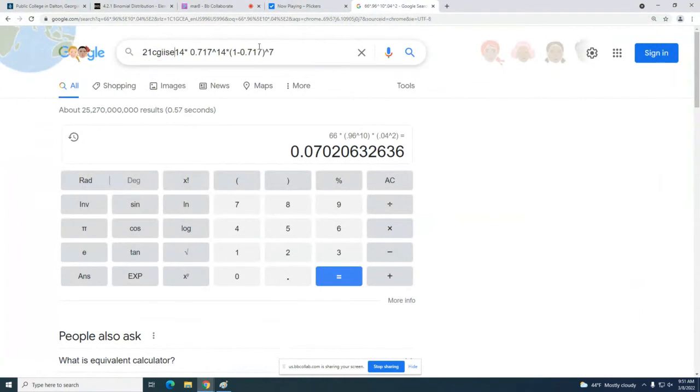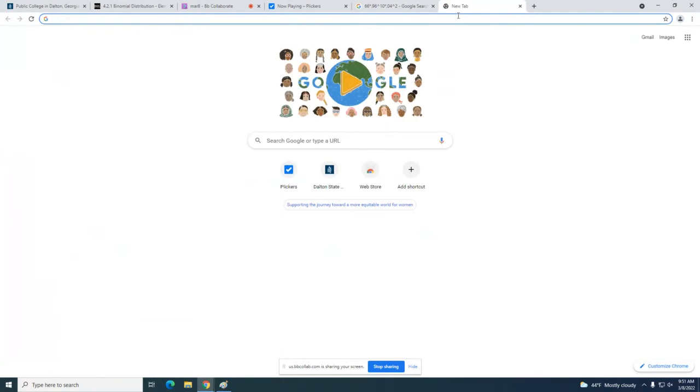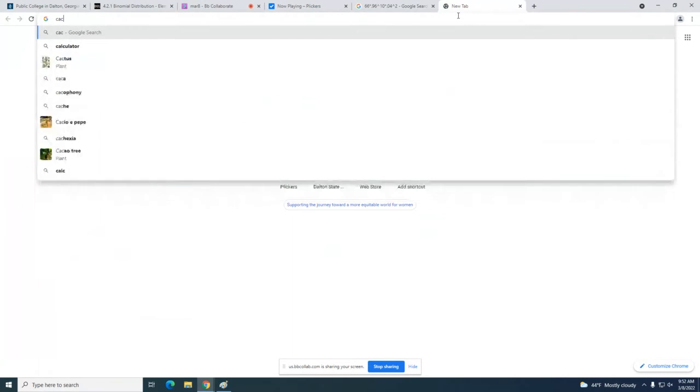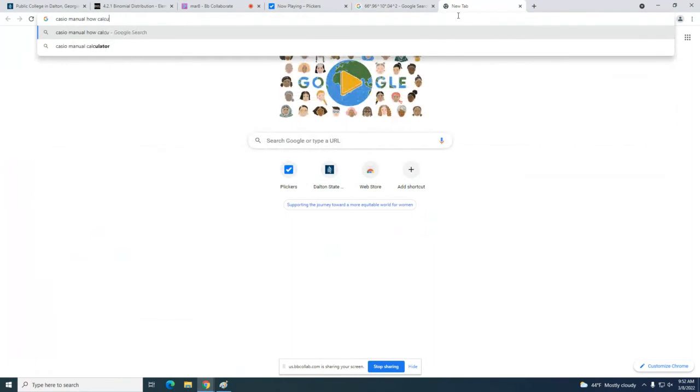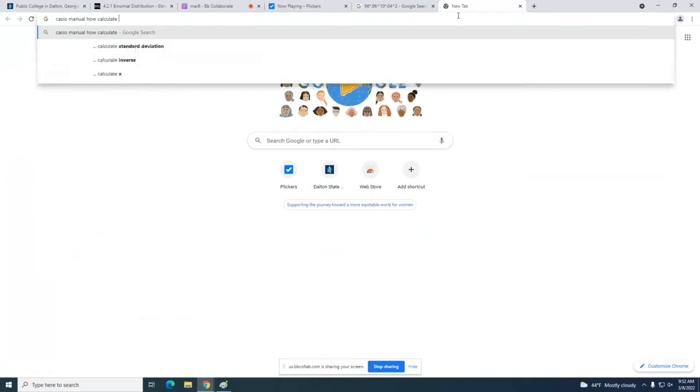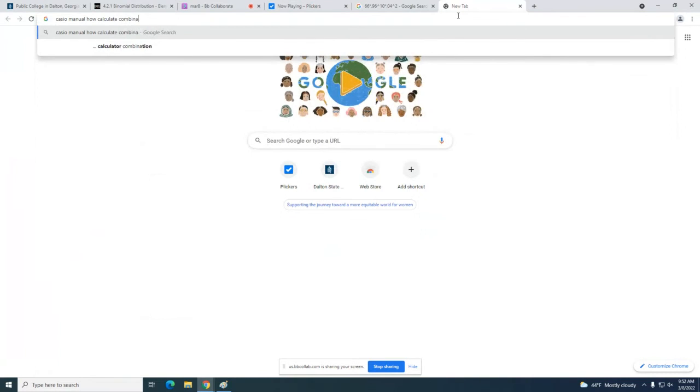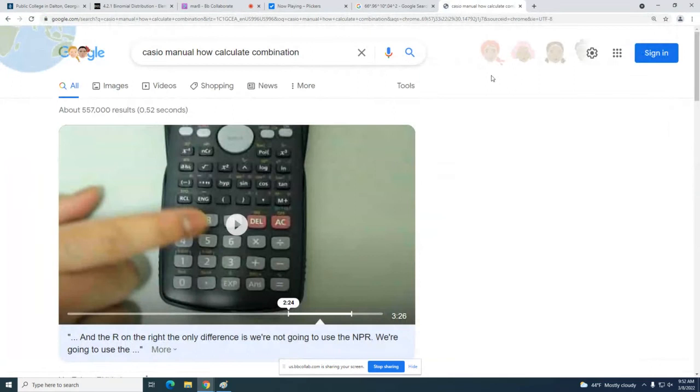This is supposed to be 21 choose 14. And you need to find a way to handle this C number calculation. Most calculators do this. If you don't know how to calculate this, I mean, even for yours, you have to look for your own manual on how to calculate a combination like this.